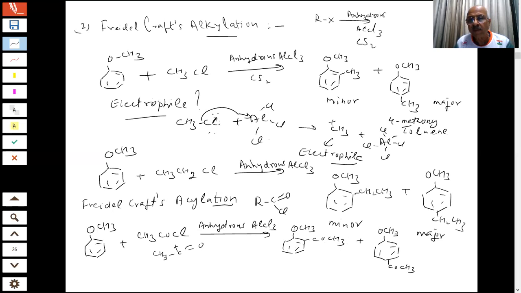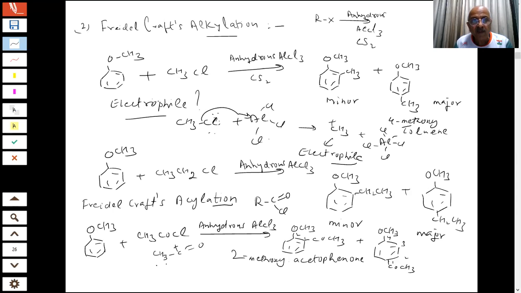What are the names? You know what is the name of this compound? We have told you so many times. Acetophenone. So this is 1, this is 2, 2-methoxyacetophenone. And what will be this? 1, 2, 3, 4. 4-methoxyacetophenone.